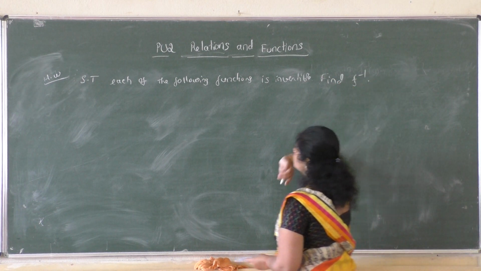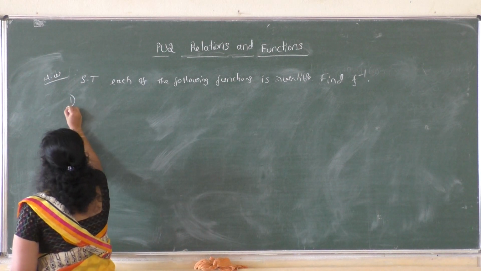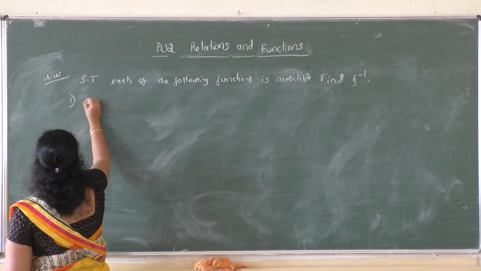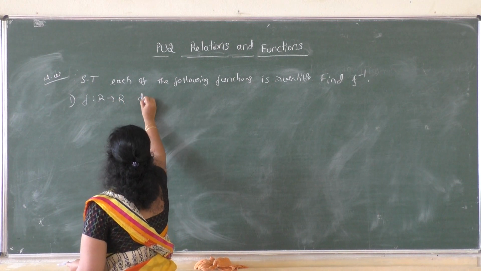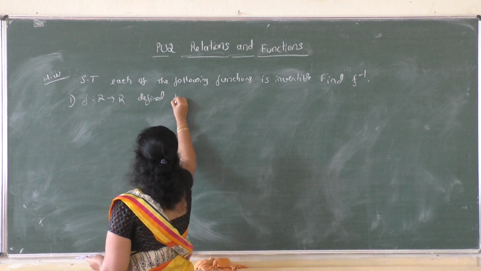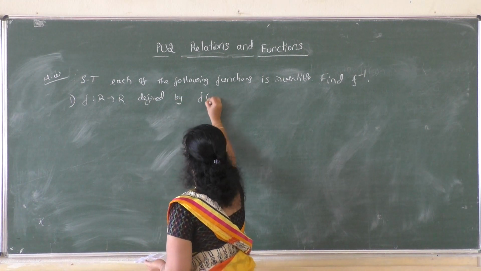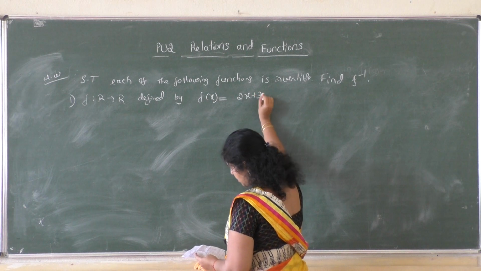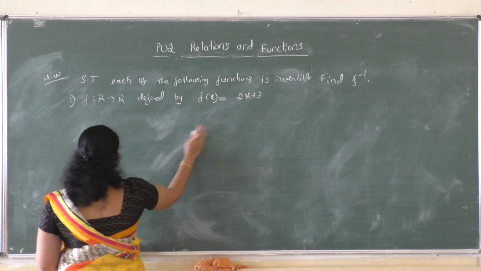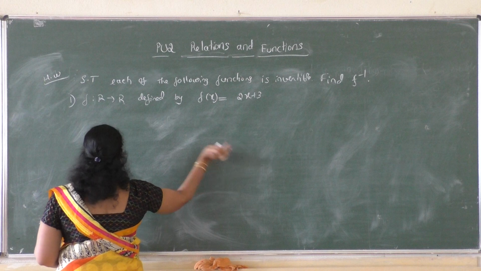If it is invertible, you can find f inverse. So in question number 1, f from R to R defined by f of x equal to 2x plus 3.